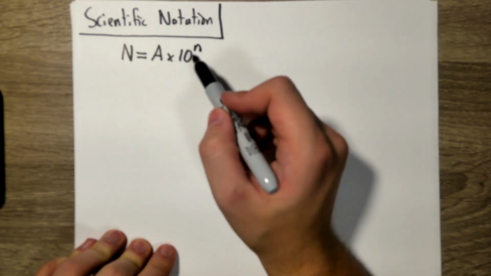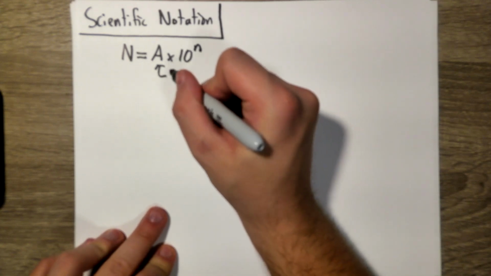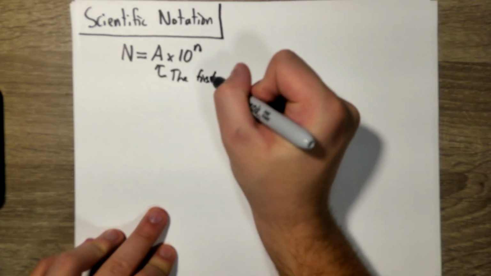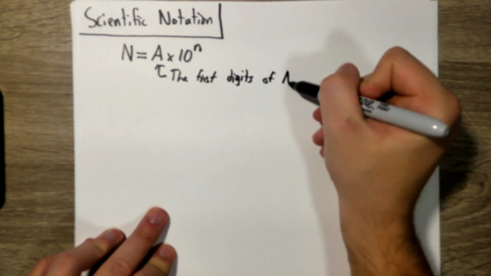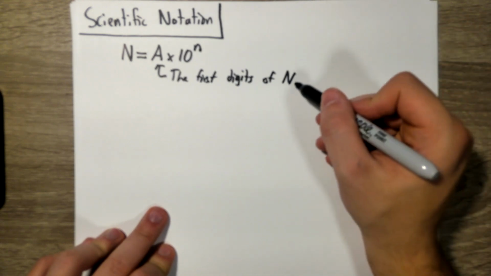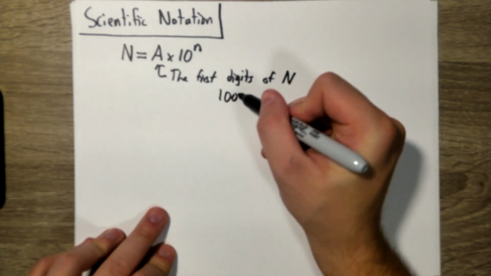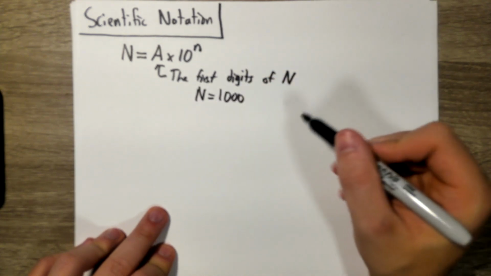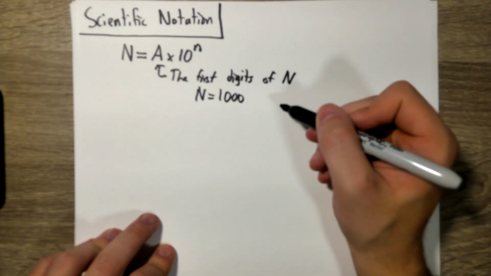And so I'll break down what these mean. A is just the first digits of N, of the number you're expressing in scientific notation. So if N equals 1,000, then A would be 1,000 as well.